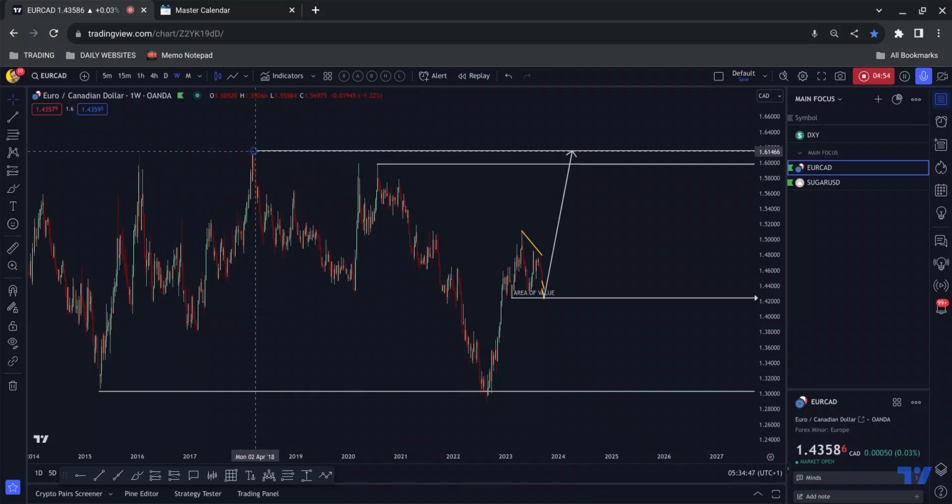Okay, and it remains a good profit taking area because of the fact that for anyone that gets long, it hasn't yet been tapped into.